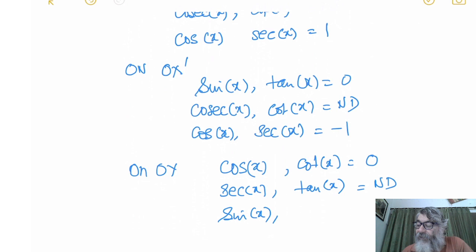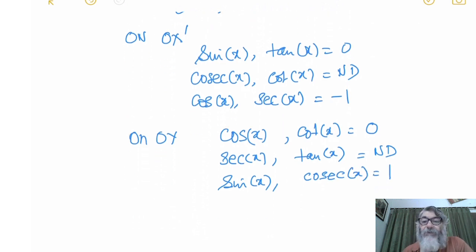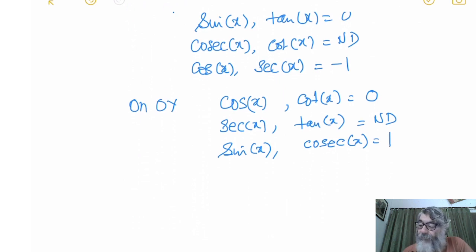What else is left? Sin x will be 1. So tan x is gone. Cosec x, sin x and cosec x will be 1.